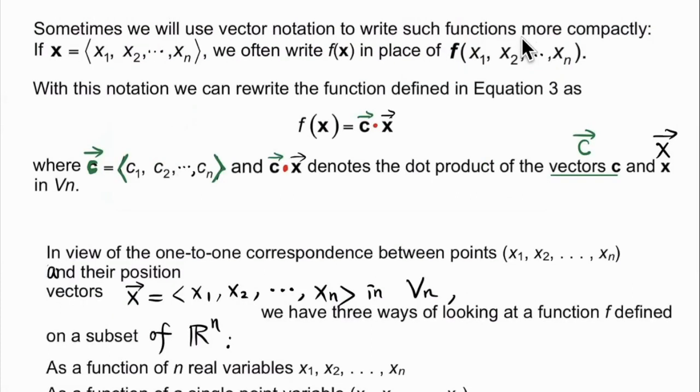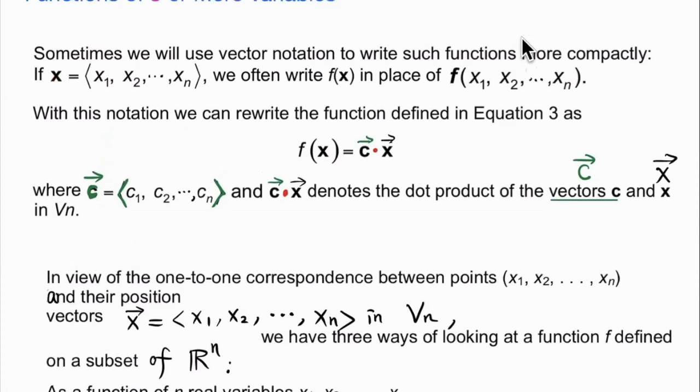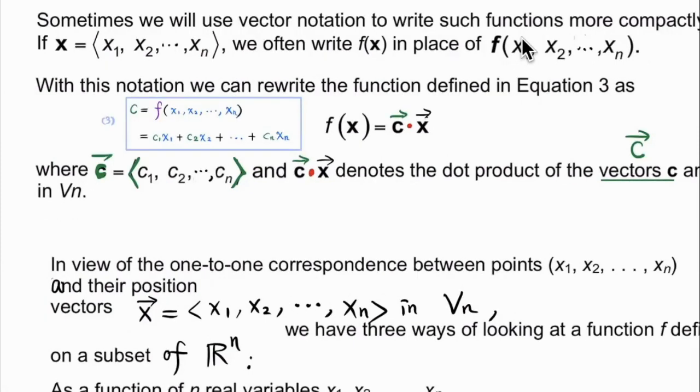And sometimes we use vector notation to write such a function in a compact form. So this boldface x here stands for a vector that has n components, x1, x2, all the way to xn.